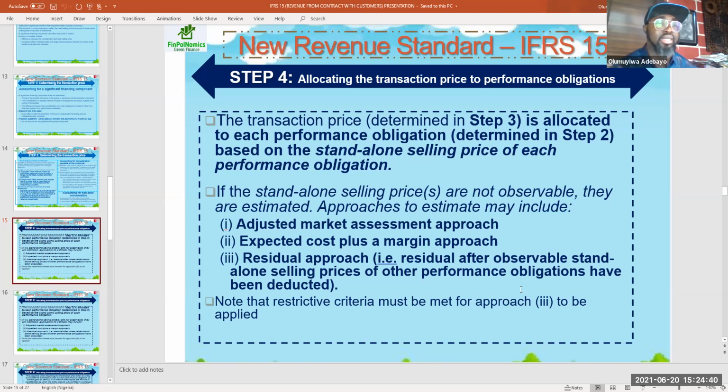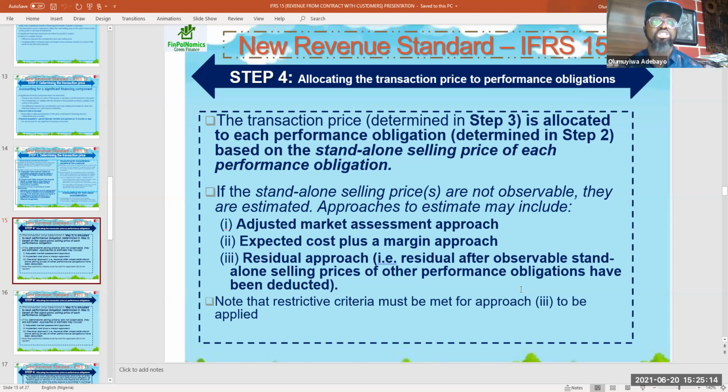Okay, and in that way, what the standard provides as guidance is for us to make use of any of these 3 methodologies or approaches. The first one is to use the adjusted market assessment approach. What that simply says is that look at relatively what will have been the price of the phone, subject to adjustment, especially if it's a customized phone, which you cannot easily get outside.